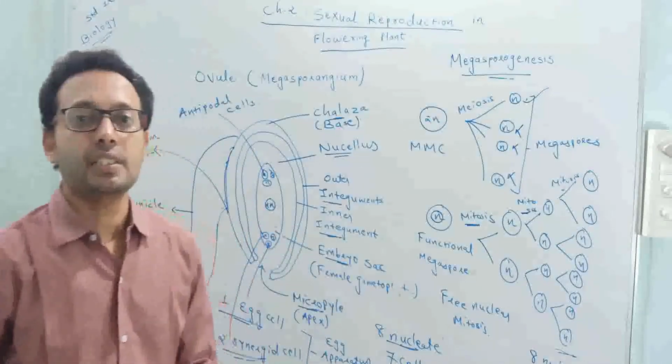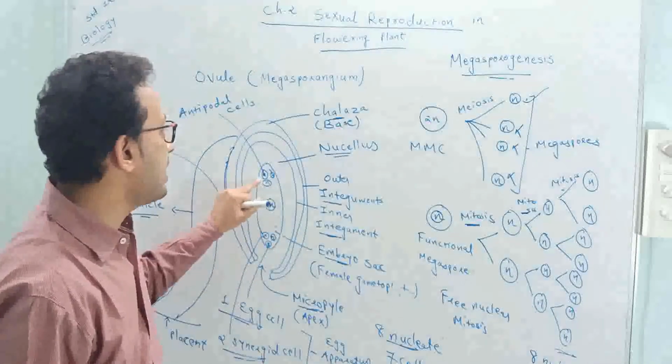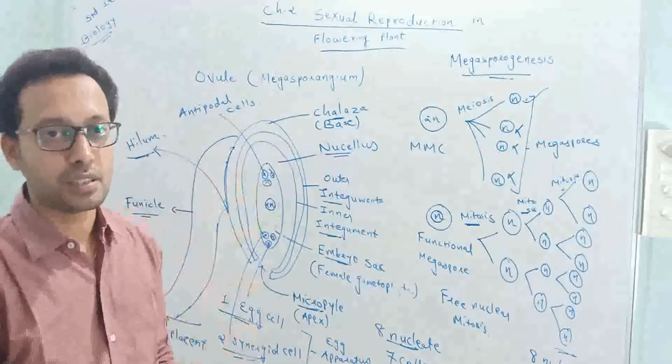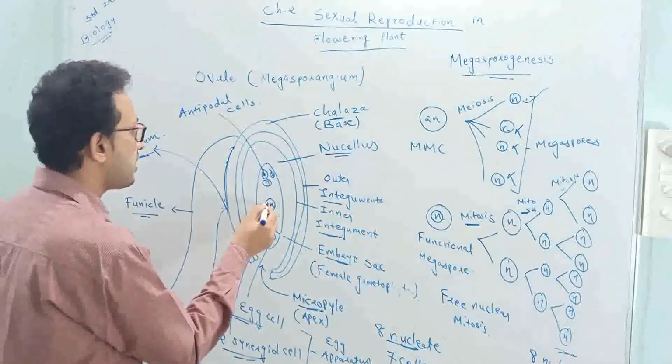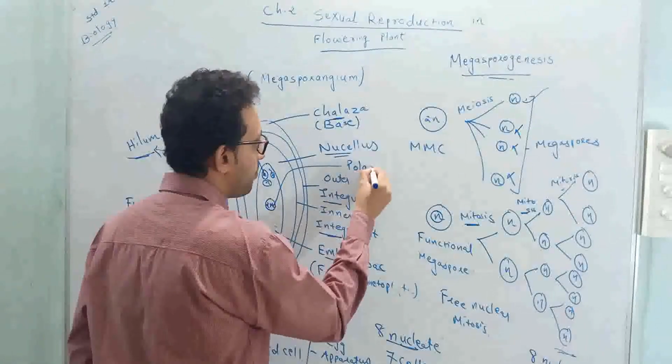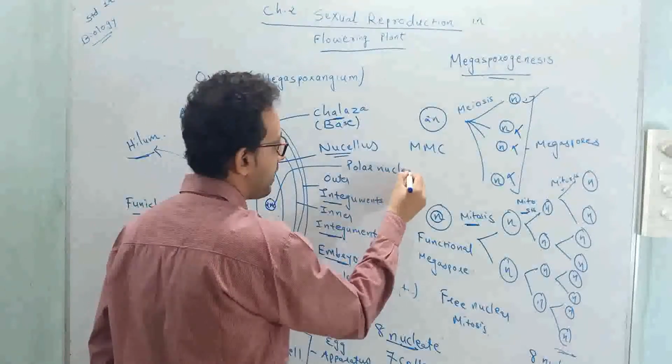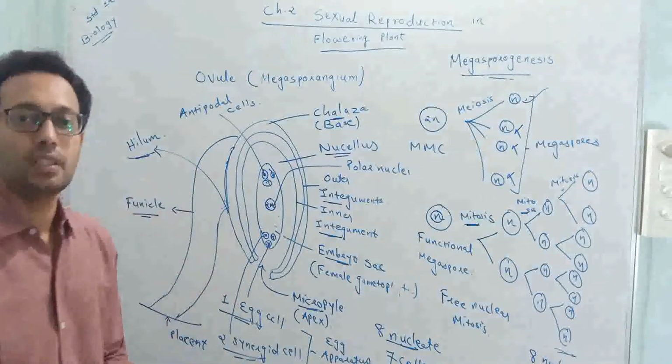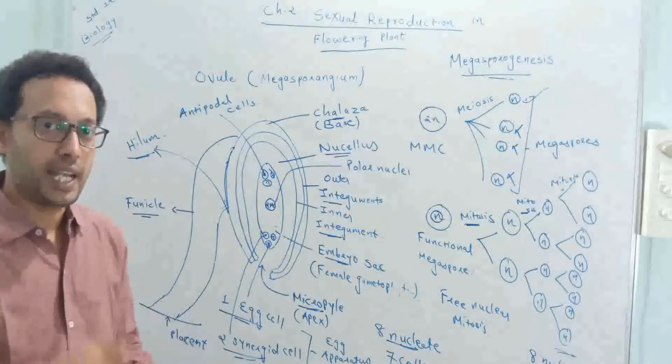The antipodal cells are present at the chalazal end, the base. And in the center, what is present? It is called the polar nuclei.